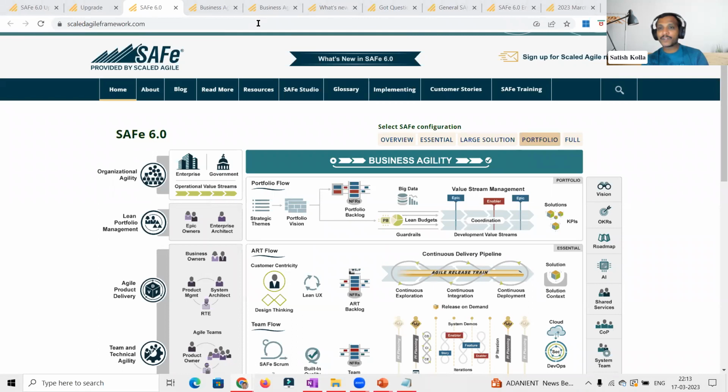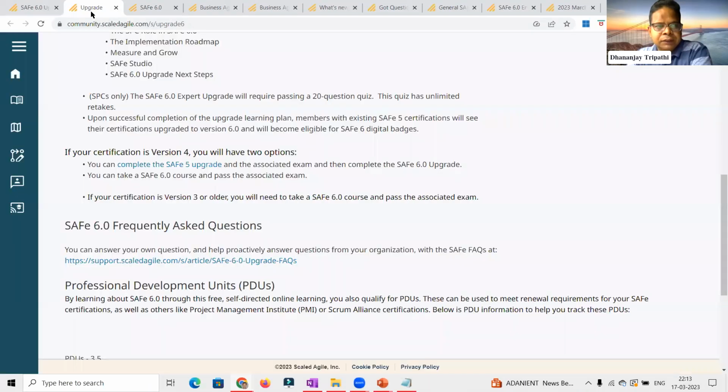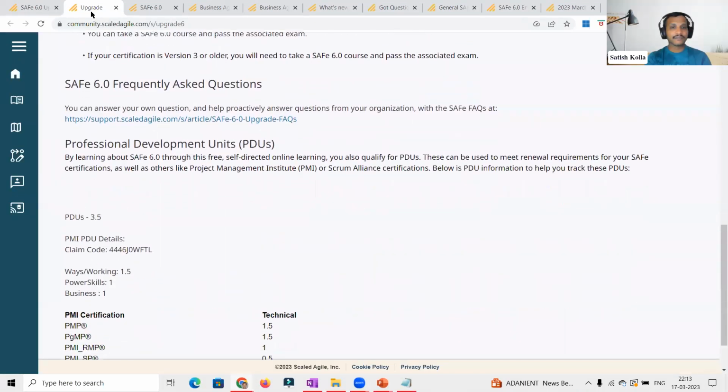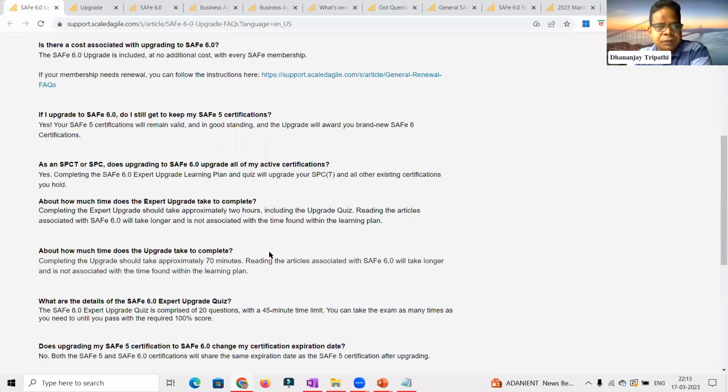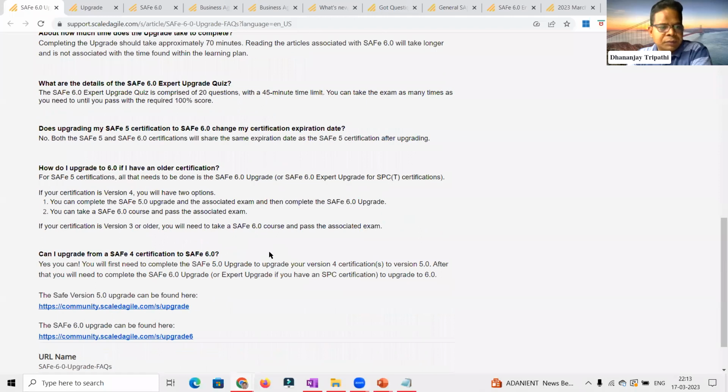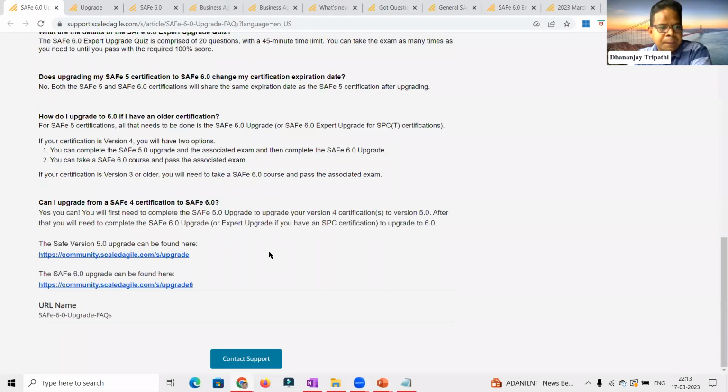Anil, will we be able to access SAFe 5.0? Yes, you can access. Yes, there is a way they mentioned. Just a minute. It starts with SAFe 5. Somewhere they mentioned V5.